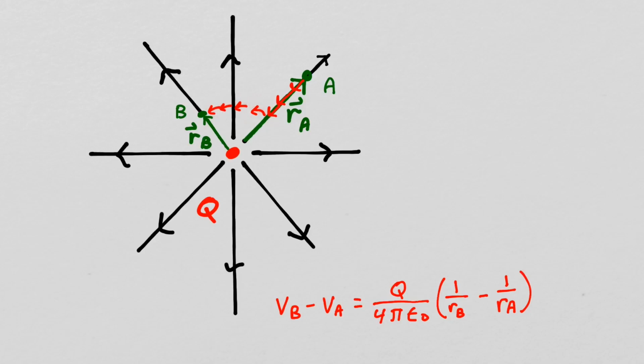Now let's first move in the theta and phi direction as shown here, and then just move in the radial direction to get to point B. We start out moving perpendicular to the electric field, so we do no work along this path here. All the work is done then when we're moving in the radial direction to point B. So for both these paths, the only time work is being done is when we're moving in the radial direction.